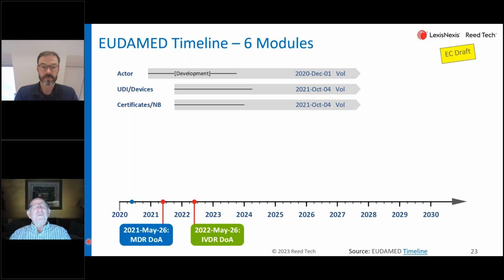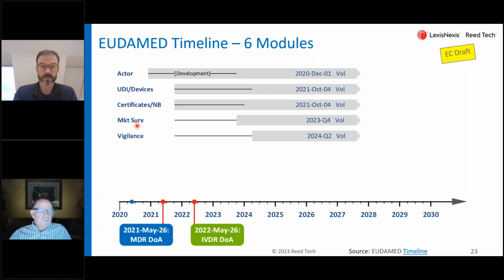I looked a couple of weeks ago, and there are over 200,000 devices reported in the UDI module. That's the production module, so that's up and running, and you can submit voluntarily to these modules.